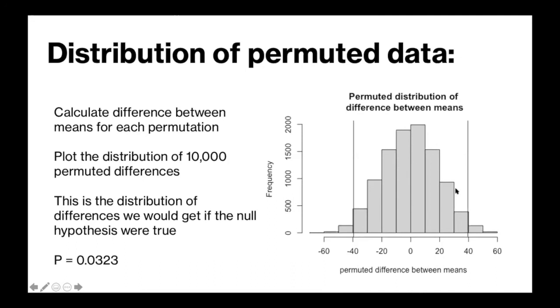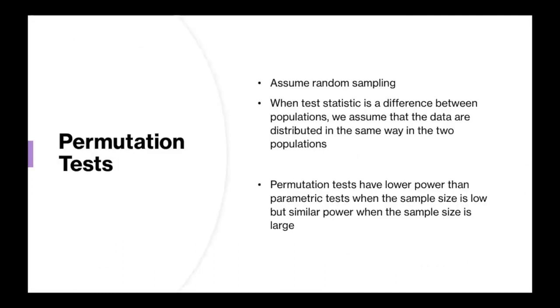Instead, we simply calculate our p-value as the number of permutations that are as extreme or more extreme than our observed difference from our original sample, either in the positive direction or the negative direction. And we can calculate then from this permutation test that the p-value is 0.0323.